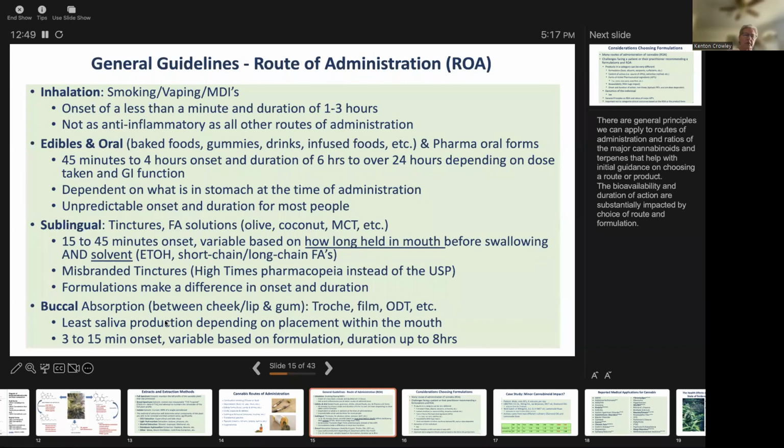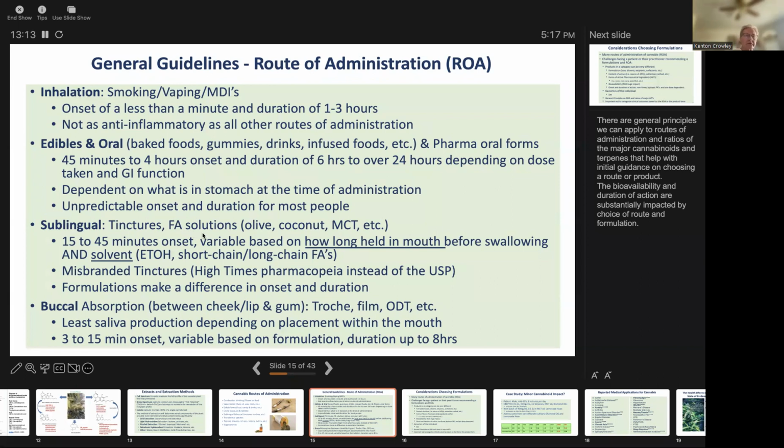This is where people have had a gummy or a cookie or a brownie, and they didn't get any effect, and they take another one an hour later and they still didn't get an effect, and 4 hours later they've had 4 or 5 servings, and then they get so high they wish they were not high.